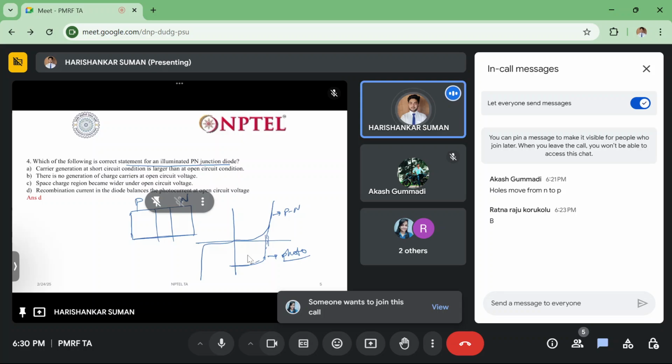Yes, please answer. D is the right answer. So, recombination current in the diode balances the photocurrent at open circuit voltage.